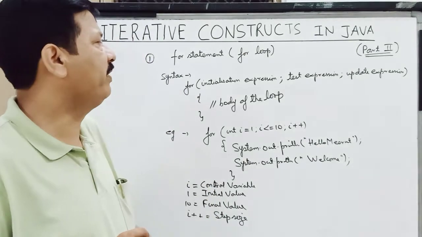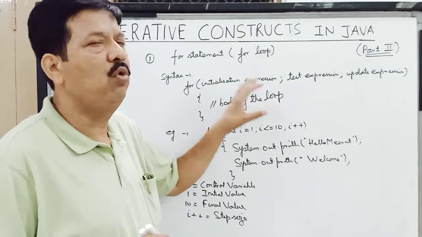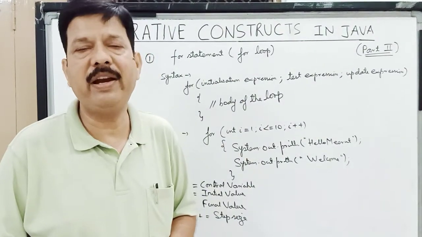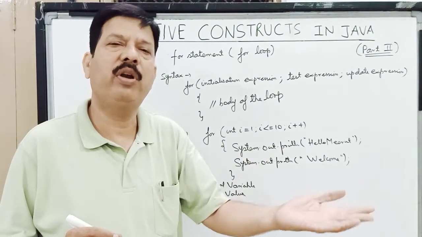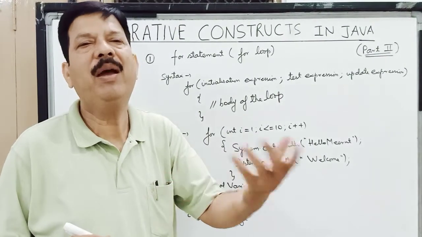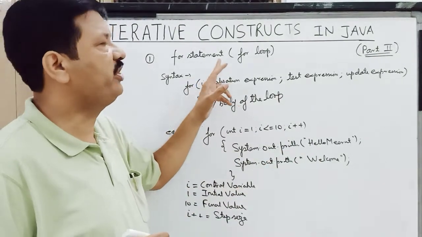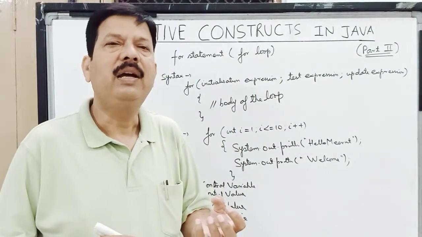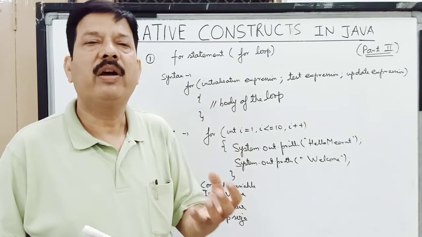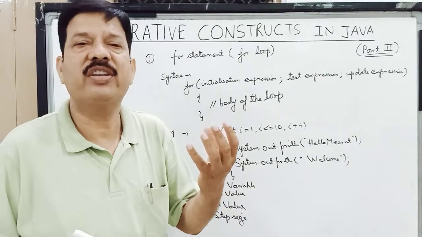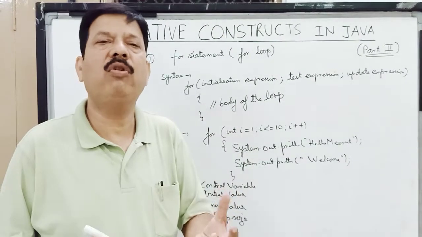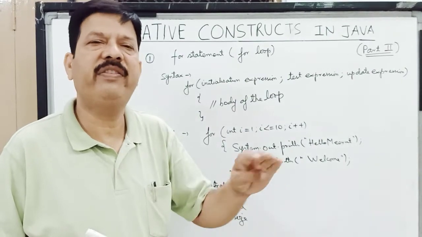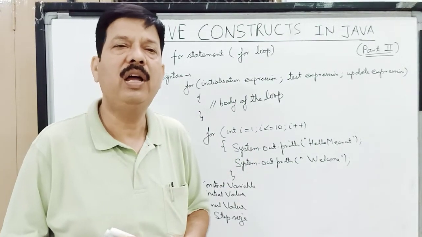We have already discussed that the for loop is also called the entry control loop, since the test expression comes before the body of the loop. So once again I am revising that the for statement is an automatic control statement. It is used to structure fixed loops in the program, and the for loop is also called the entry control loop, since the test expression is before the body of the loop.